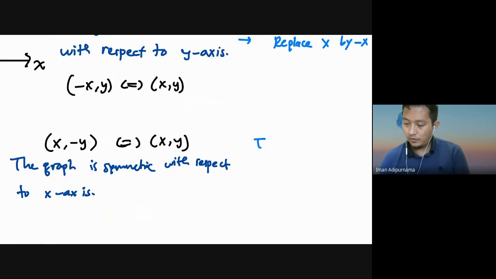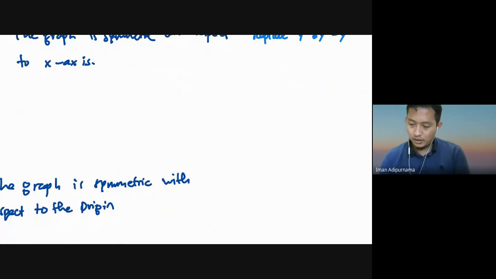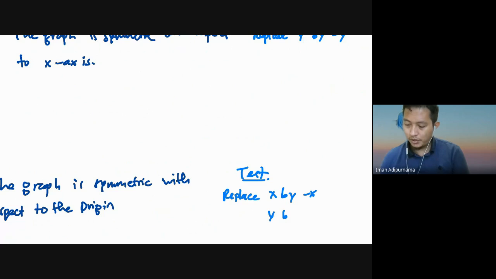The second one, we can test by replacing y by negative y. And to test the last one, we can replace x by negative x and replace y by negative y.